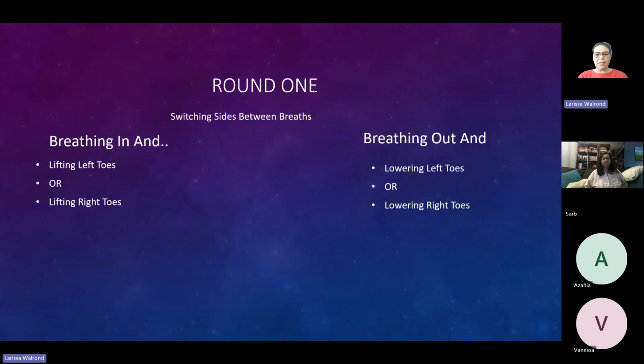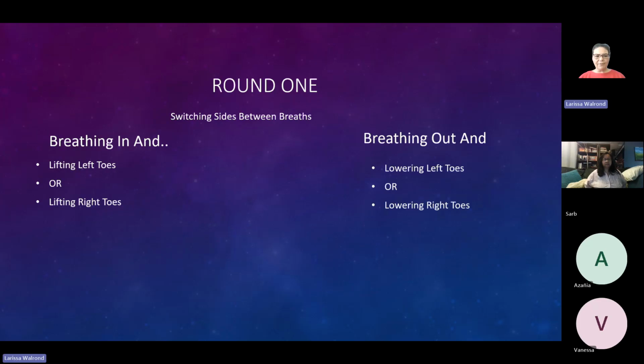So this is your round one. So go ahead and start breathing in and lifting your toes on the left, and breathing out and lowering your toes on the left. And then switching sides, breathing in, raising your toes on the right, and breathing out, lowering your toes on the right.